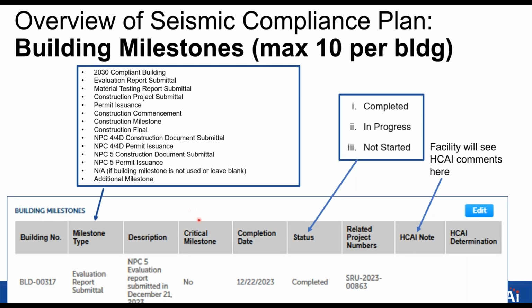The next table also goes building by building. For each building, again, these are pre-populated. It goes into your milestone type. So you have choices, and we hope that all of these choices will cover every scenario.